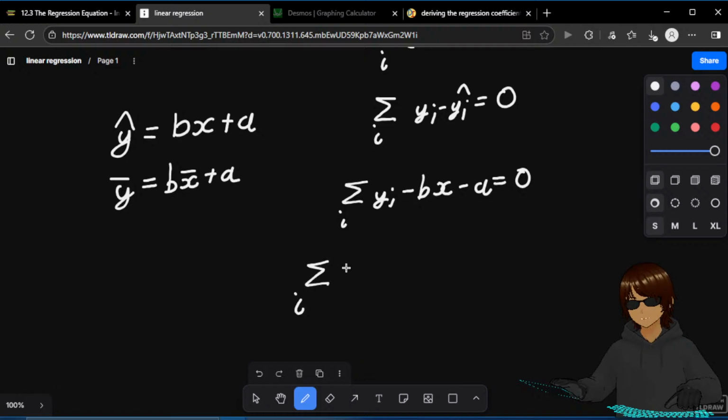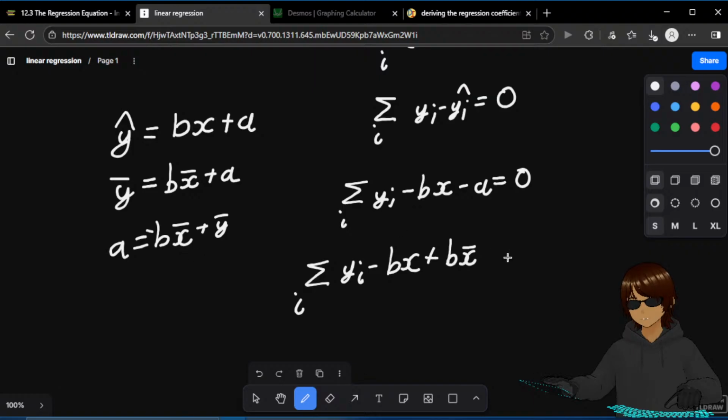So minus bx minus, so instead of a, I will write the average value of x. Sorry, no, minus this plus this. Yeah. So if I plug it in for a, then it becomes plus b, right?